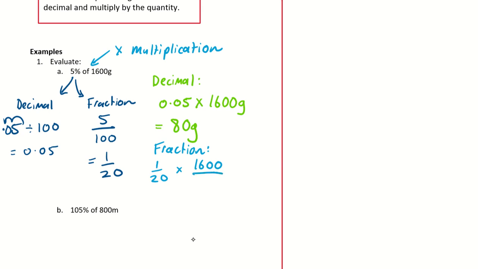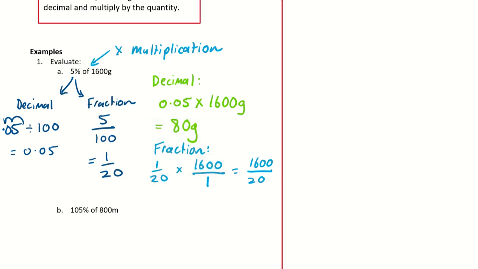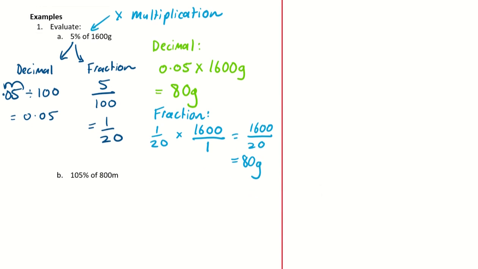Well, it's individual units of grams, so it will have a denominator of 1. Now I can multiply the numerators and the denominators, and I'll get that. Now I can actually put this into my calculator. I can go 1600 over 20. And that will simplify nicely, and we should get the same answer of 80 grams there. Well done. Make sure you copy that down.